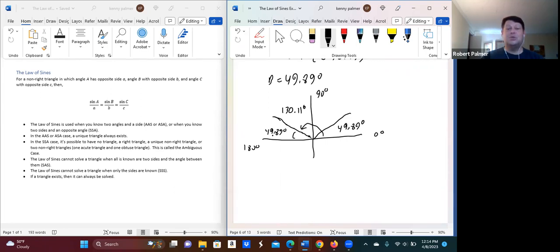Now, the question then is, is that too big? All right. So let's look at that larger angle, 130.11 degrees.